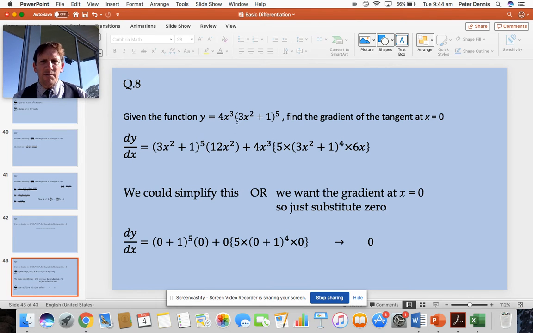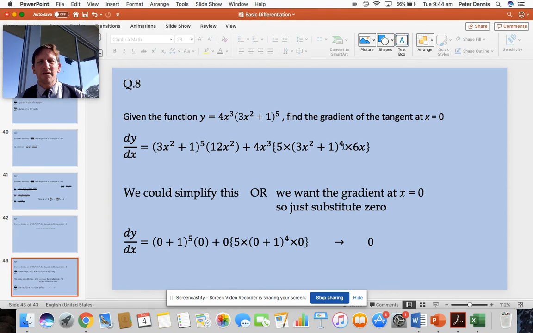dy/dx equals the back term times the derivative of the front, which is 12x squared. And all I've done is written that back term, the v, times the derivative of u, plus u times the derivative of v. So all we do is do the chain rule here. 5 outside of (3x squared plus 1) to the power of 4.